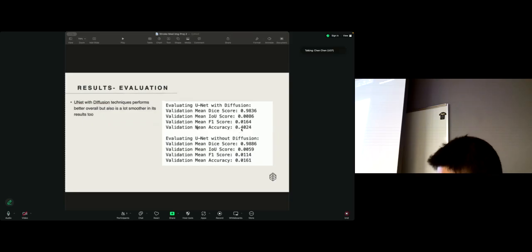I'm not sure if it's a percentage or 0.4%. So I don't believe this result. I think these results are wrong, because you cannot get a very high dice score with less than like 2% of accuracy.